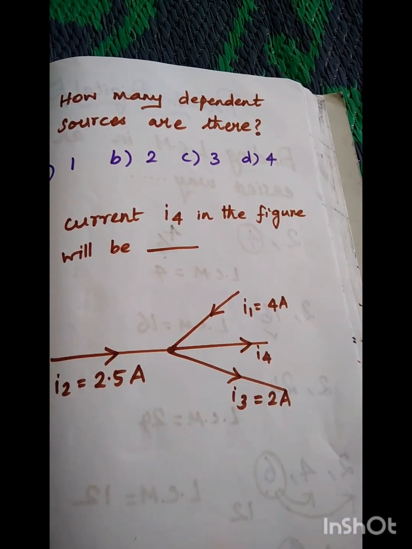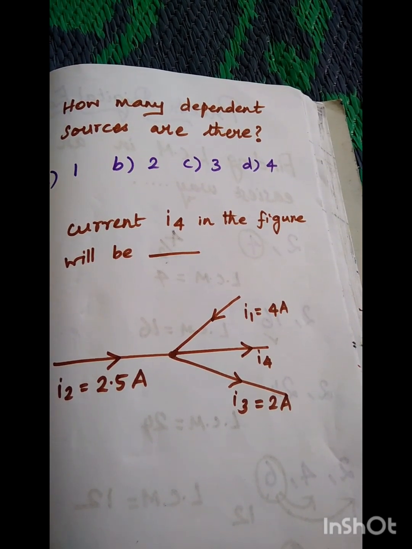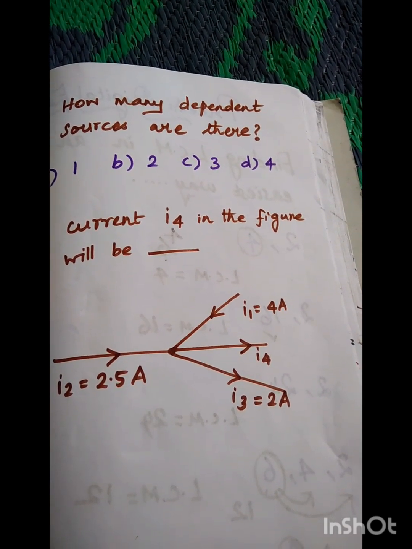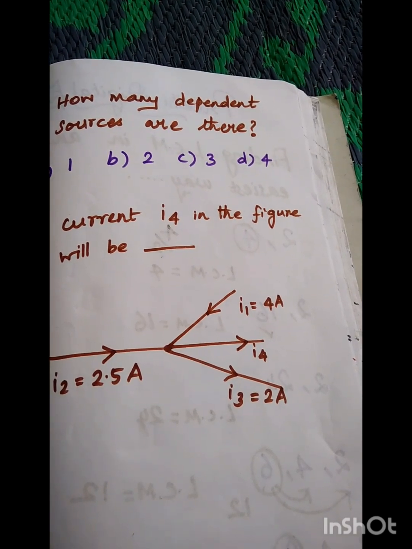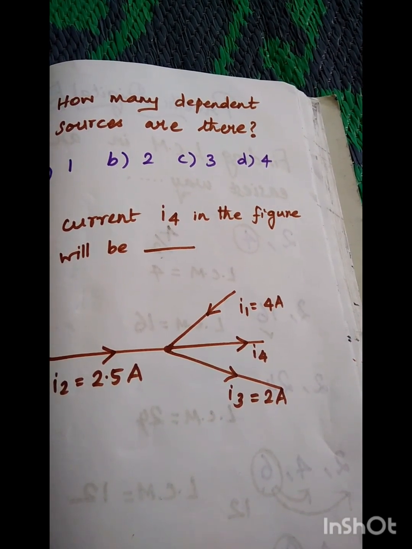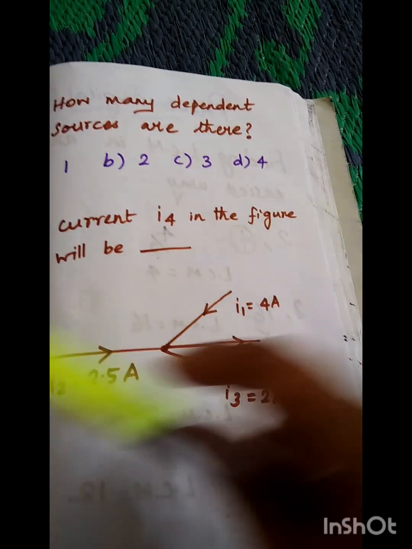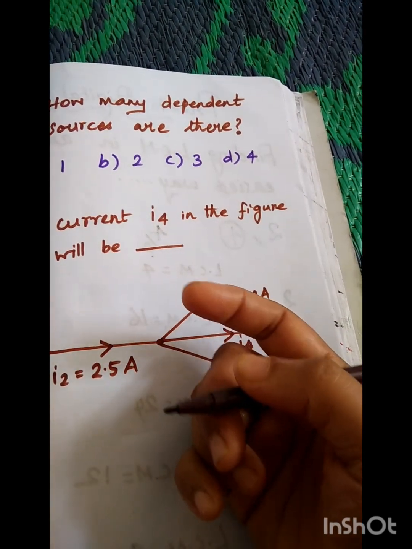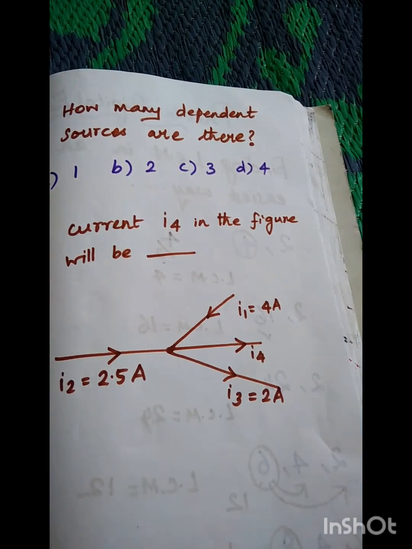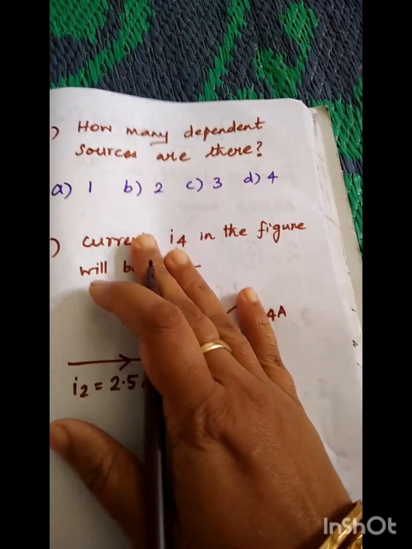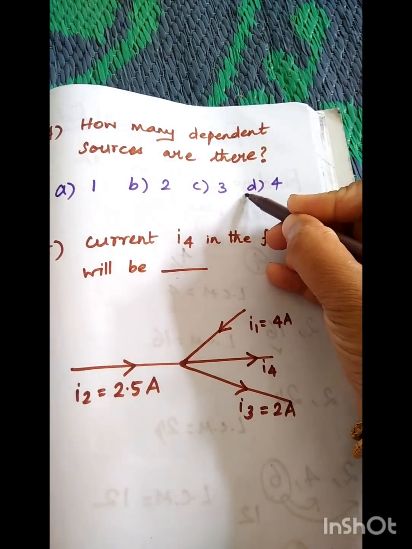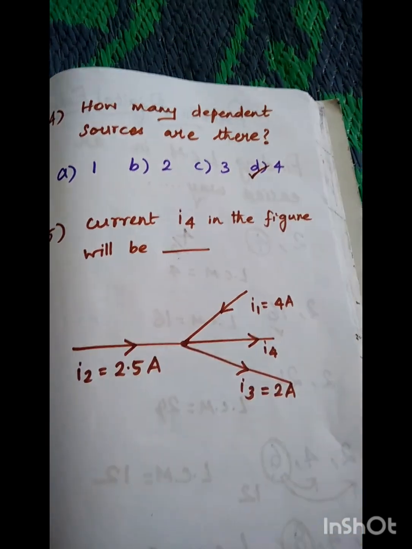In the case of dependent sources, we have 4 different types. We already know VCVS, VCCS, CCVS and CCCS, which are voltage controlled voltage source, voltage controlled current source, current controlled voltage source and current controlled current source. So we have 4 different types of dependent sources in the electrical network.